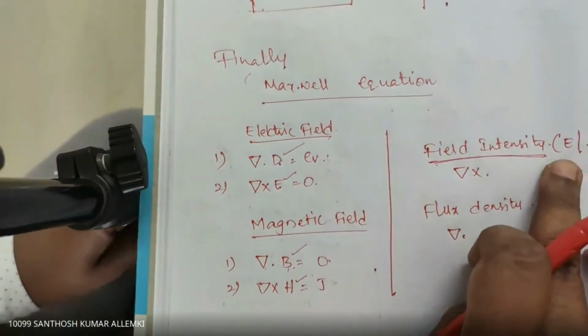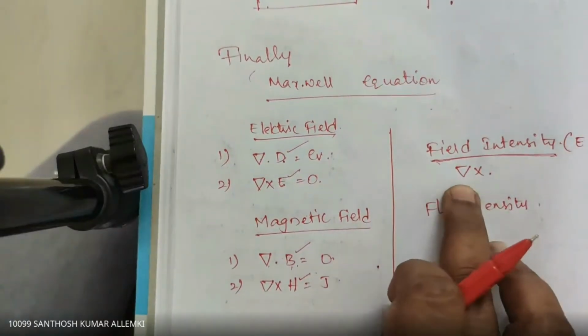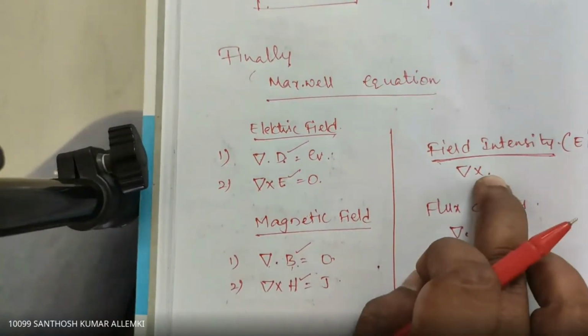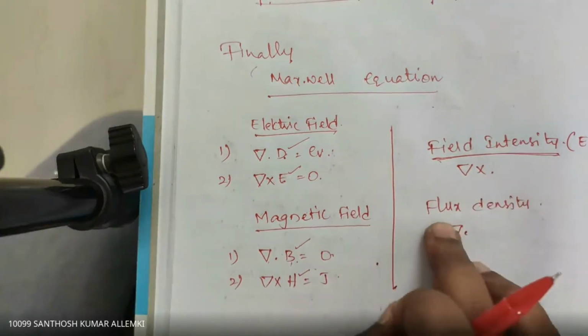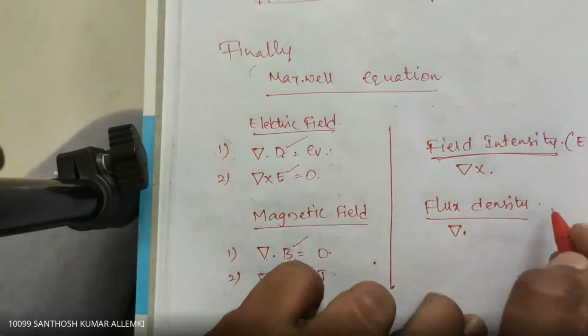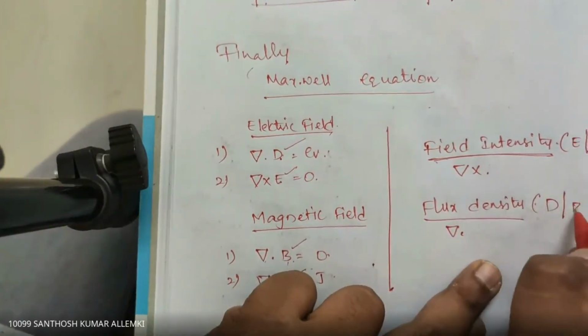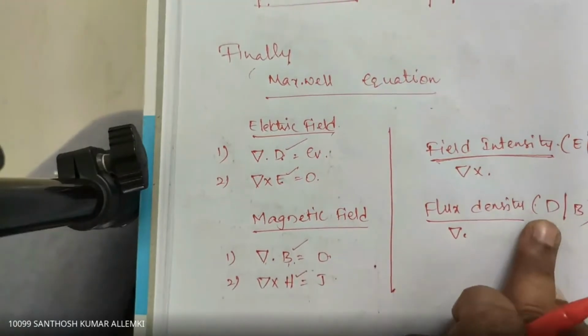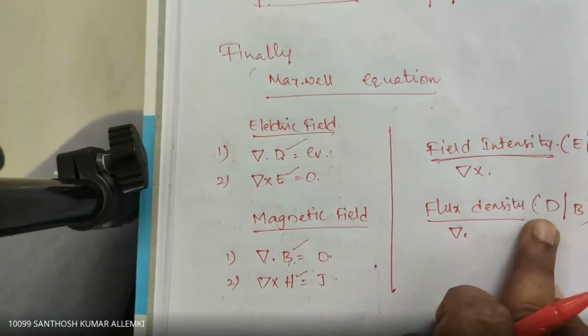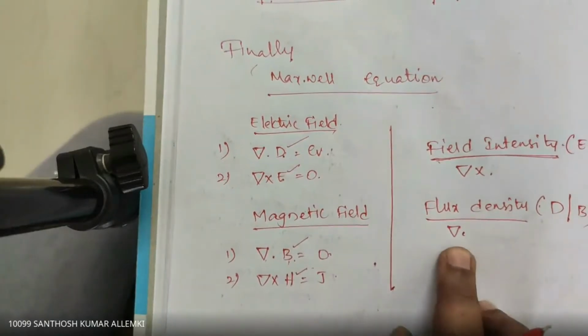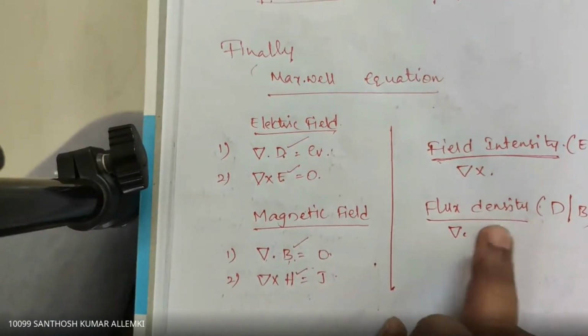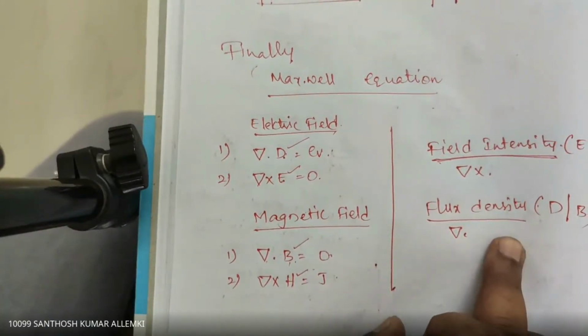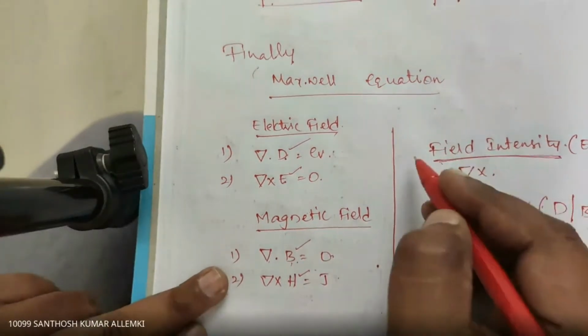If you have a field intensity, then the expression is del cross the field intensity. Next, flux density is D or B. Whenever you want to write an expression with respect to D or B, you need to calculate del dot D or del dot B.